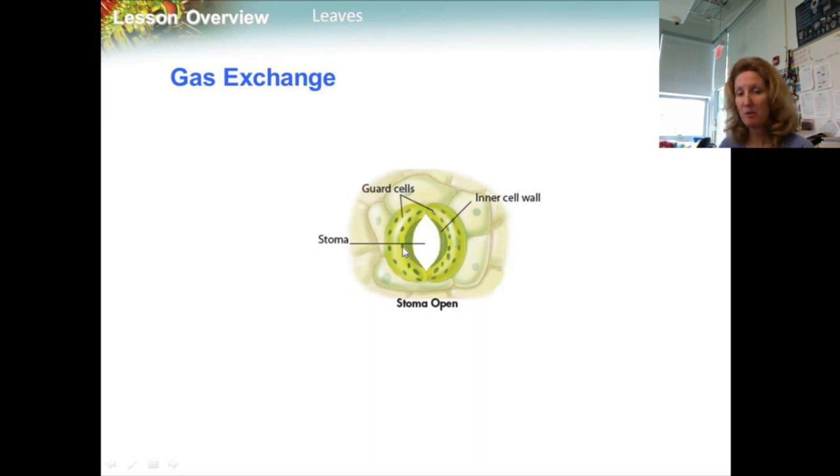If stomata were kept open all the time, water loss due to transpiration would be so great that few plants would be able to take in enough water to survive. Plants maintain homeostasis by keeping their stomata open just enough to allow photosynthesis to take place, but not so much that they lose an excessive amount of water.